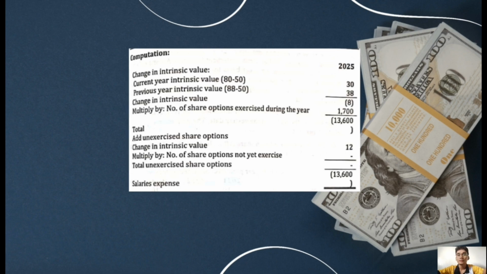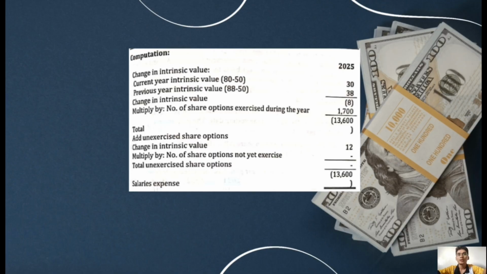For 2025, 80 minus 50 equals 30. For 2024, 88 minus 50 equals 38. Change in intrinsic value is 30 minus 38 equals negative 8. Since the intrinsic value decreased by 8, this results in a negative adjustment.